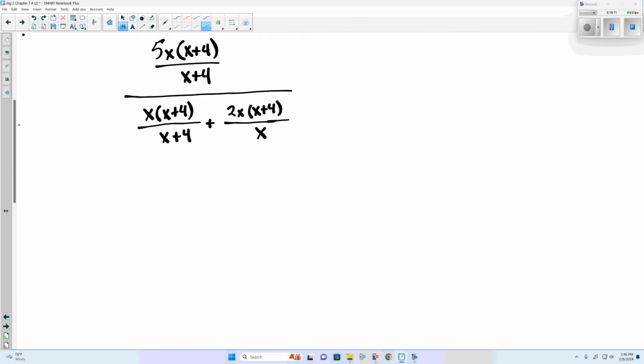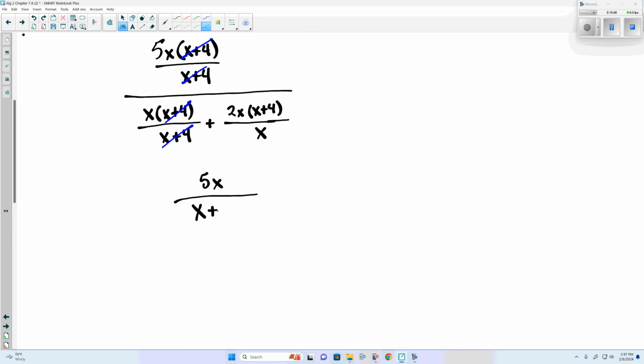addressed. Okay? If we look at the numerator, do we have anything in common in that fraction? Well, the x plus 4 and x plus 4 would simplify, yes? What do I have left in the numerator? Do I have any fractions left in the numerator? No. Let's look at the denominator in this first one. We have x plus 4 and x plus 4, leaving us with plus. Our last fraction, 2x times x plus 4 over x.